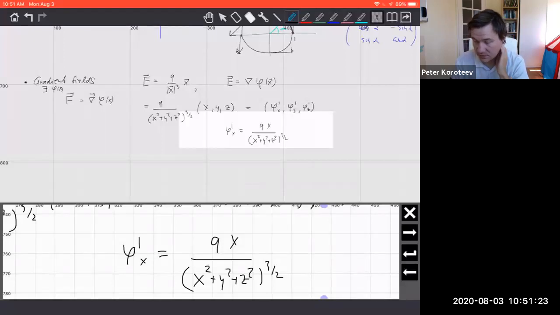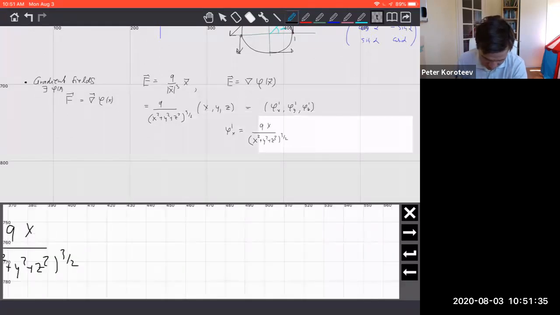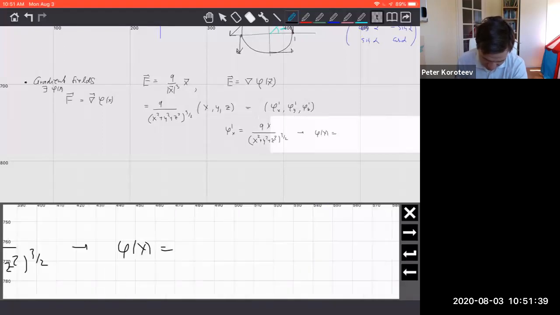The denominator becomes power 1/2. So if you integrate, phi of x is equal to minus q divided by the absolute value of x.